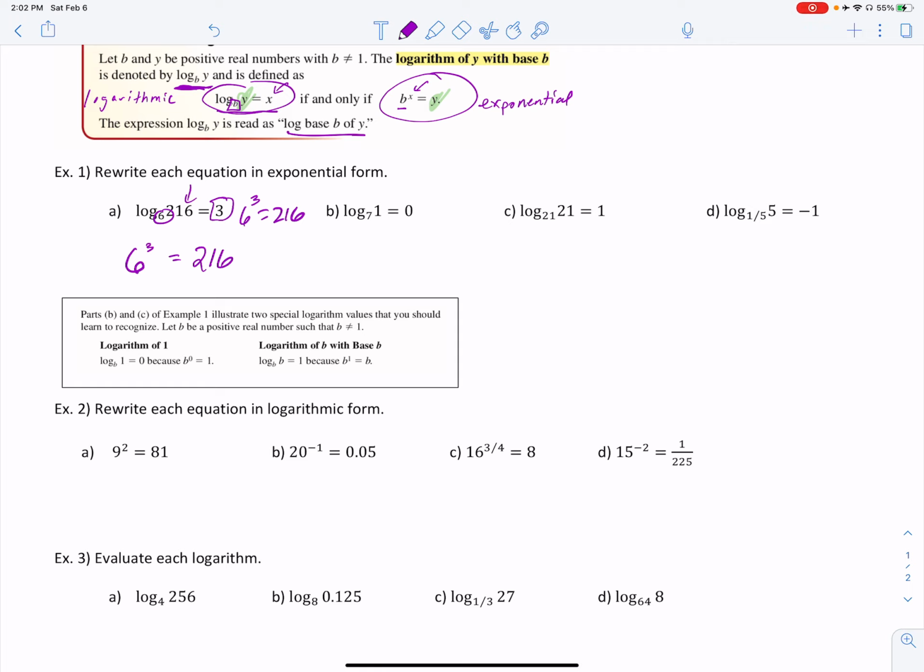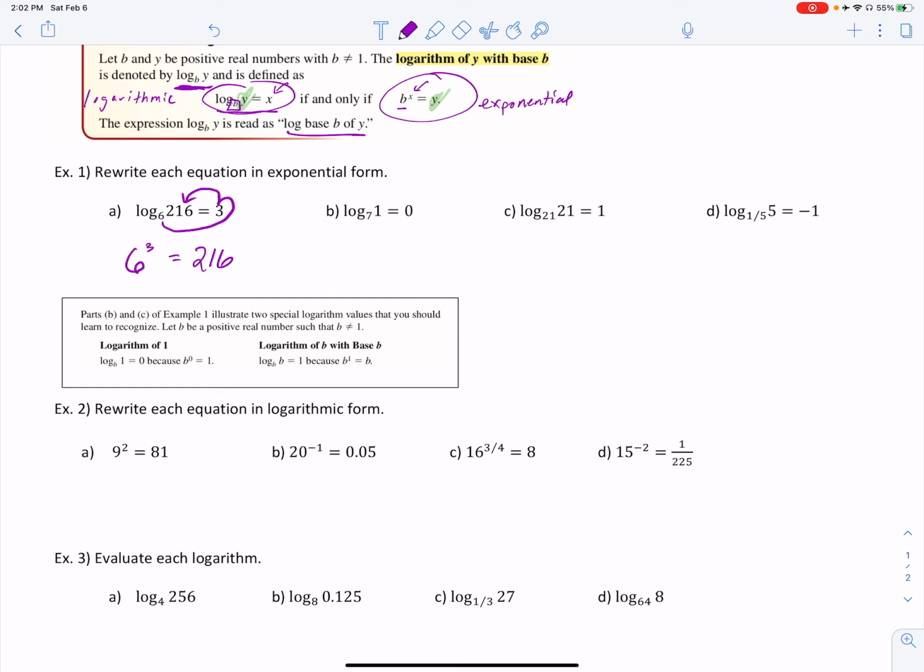That's something I usually do in class. Another thing that people do is swoop, there it is, and they start and swoop to here. So it's 6 to the third equals 216.